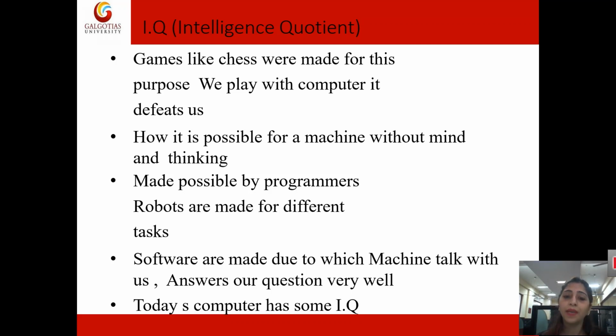The task that you ask Alexa, or any of these machines being made now, to perform, they perform accordingly. This is possible only when the programmers train the machines to perform accordingly.